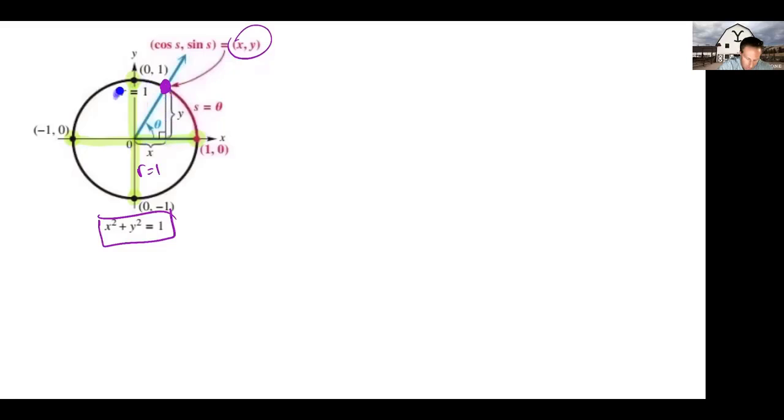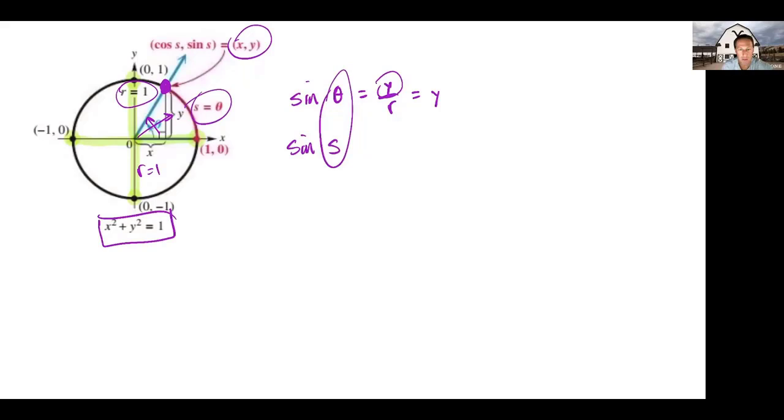But if we know that the radius is 1, then just like we said all along that the sine of any angle is equal to y over r, well then if I took the opposite over the hypotenuse, that would be equal to that y value over that radius of 1. So again, if we wanted to rewrite it in terms of its arc length, because we know that those are indeed equivalent, then we can also say that this is just equal to y.